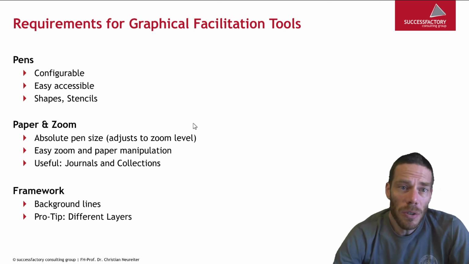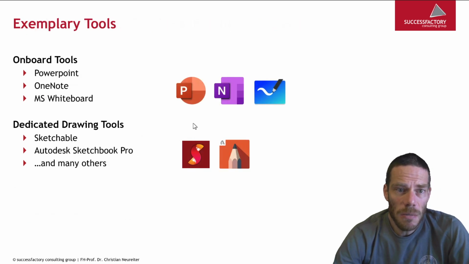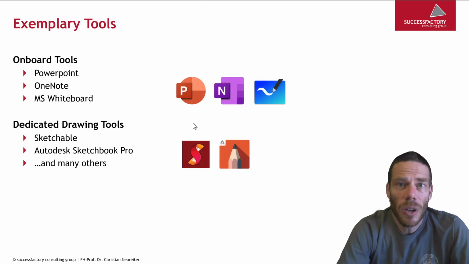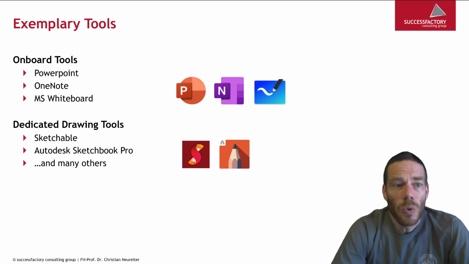And what we're going to do now in the next videos is take a closer look at what we can do with onboard tools, which possibilities we have and which limitations we see. Here I consider PowerPoint, OneNote, and MS Whiteboard as our onboard tools, because I guess most of you are using Windows and working with the Office suite. So I think it's worth taking a look at what we can do with these tools.